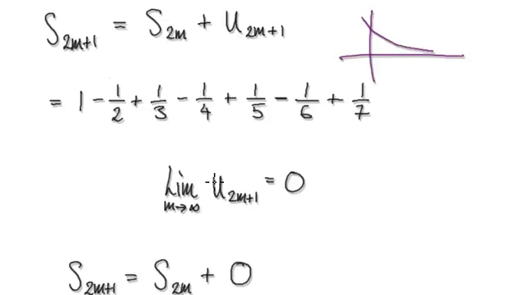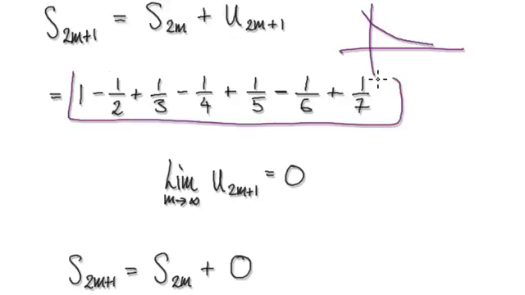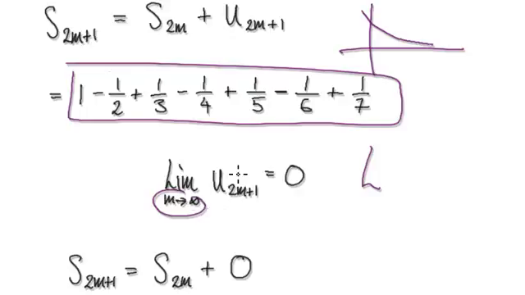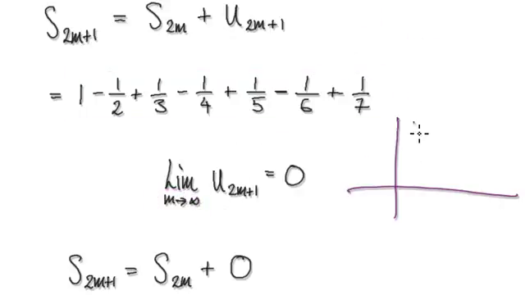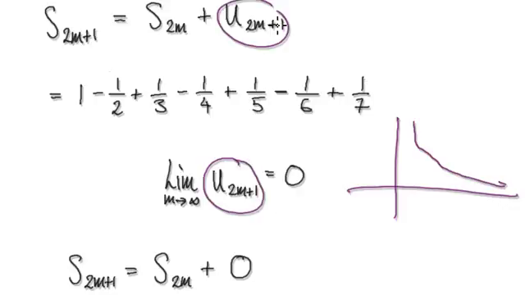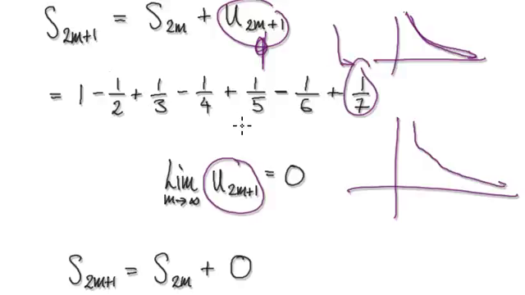If you look at this here, because our sequence is heading towards 0, if you take the limit as n tends to infinity, the very last term will be 0, or very, very near 0.